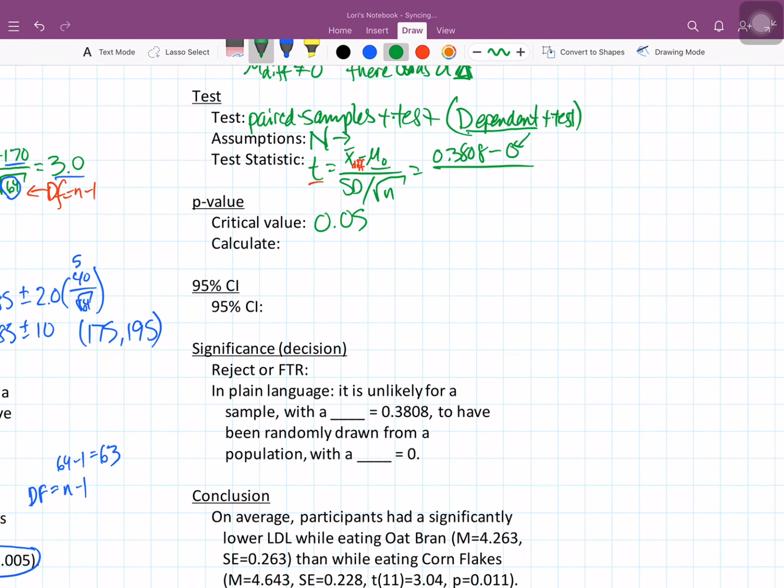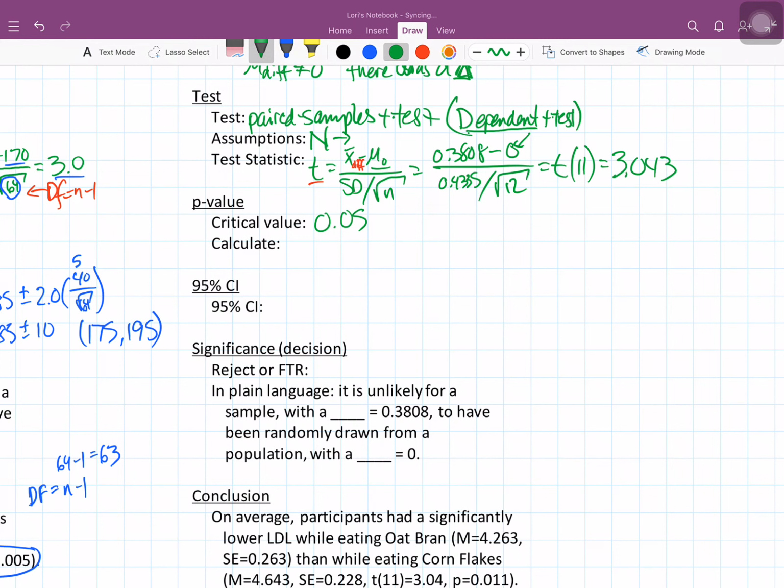Standard deviation of the difference is 0.4335, divided by the square root of n, and in this case n is 12, so we want to take the square root of 12 there. And so what we end up with is t with 11 degrees of freedom is equal to 3.043. So there we have our t-value.